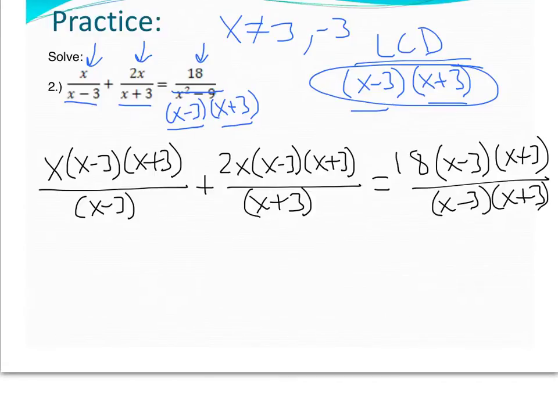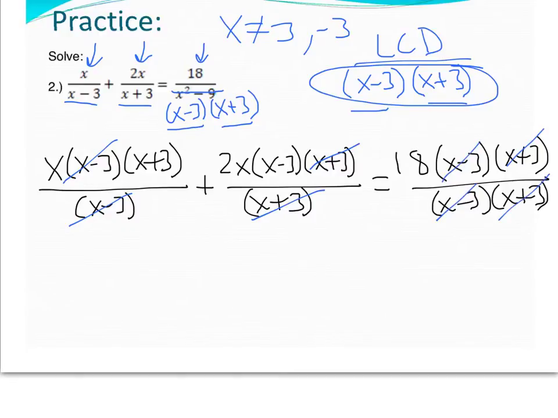What you may notice is that we can actually cancel quite a few things now. When I look at this fraction here first, I know that I can cancel out my x minus 3's. When I look at this fraction, I know that I can cancel out my x plus 3's. And when I look at the last one, I can cancel out my x minus 3's and my x plus 3's.